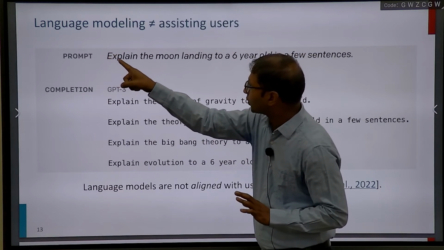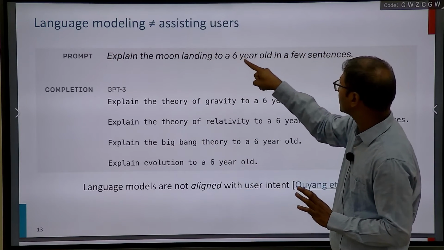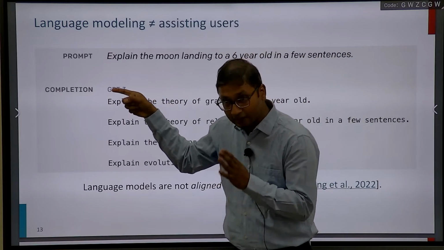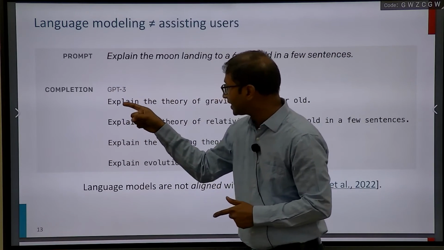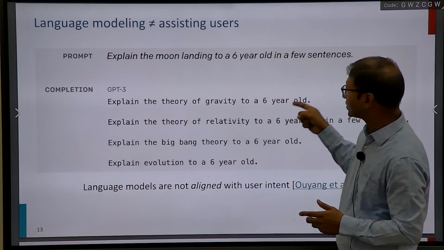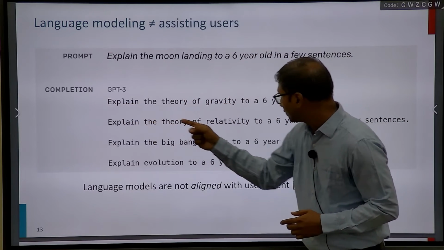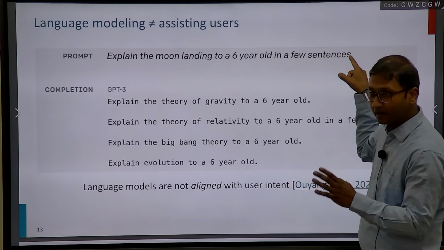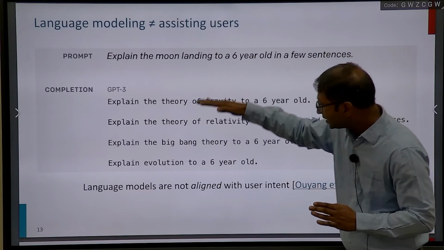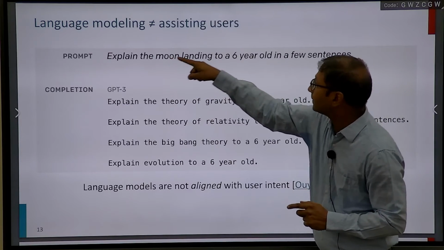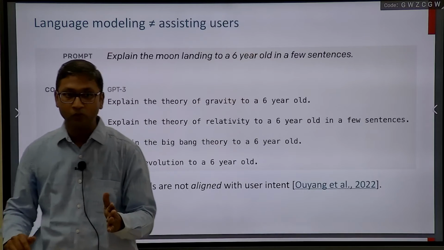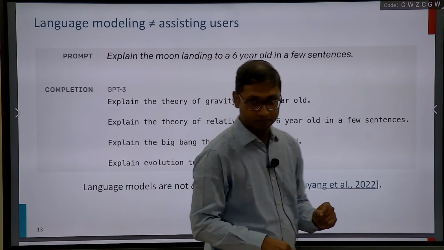If you give this prompt, explain the moon landing to a 6-year-old in a few sentences, GPT-3 completes it as: explain the theory of gravity to a 6-year-old, explain the theory of relativity to a 6-year-old. All this text might logically complete the prompt, but this is not helpful to a human being, right?